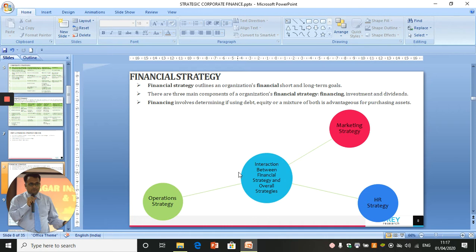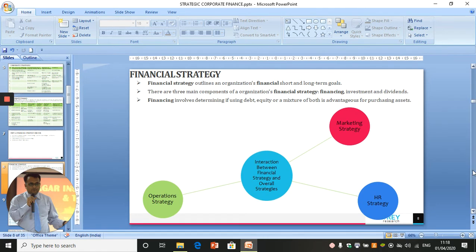Nothing can work without finance, and that is why financial strategy has to be holistic. It should cover each and every aspect and each and every department, from a small pin in an organization to big machines, to supply chain, to international business. Wherever money is involved, everything is within the financial strategy of the firm, and its interaction is very omnipresent.